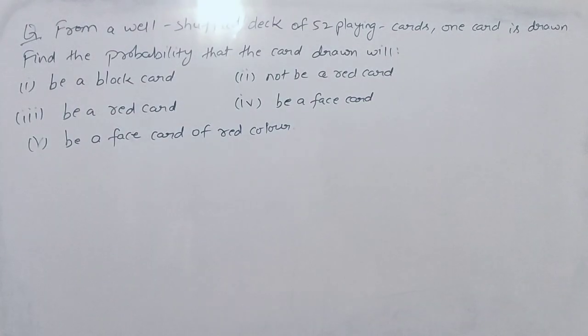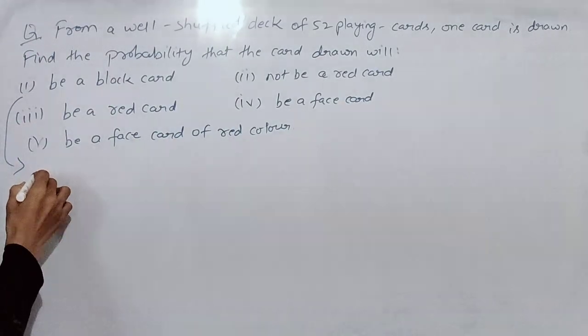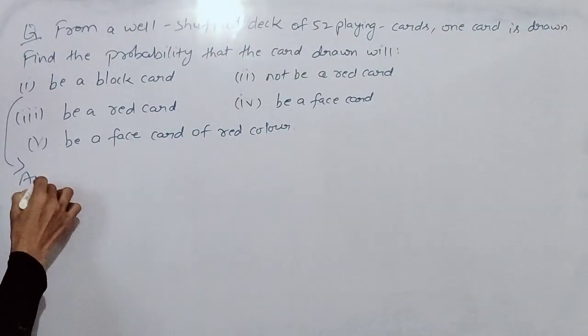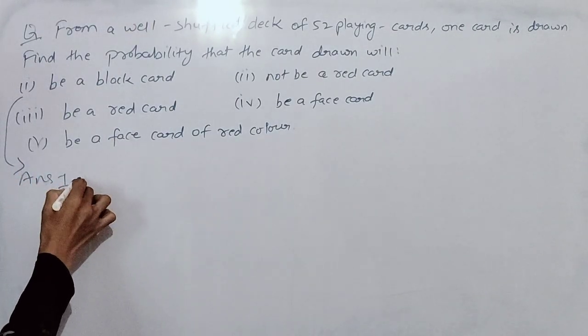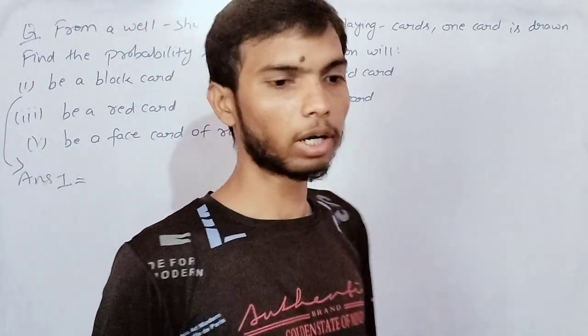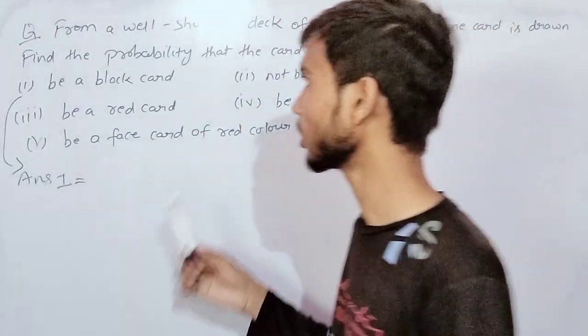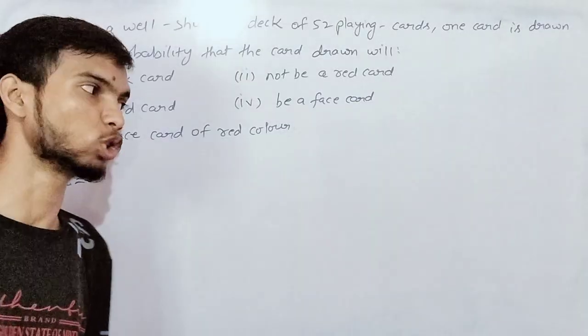This is a computation question. Let's start from this. Answer of 1 would be the probability of a black card in 52 cards.